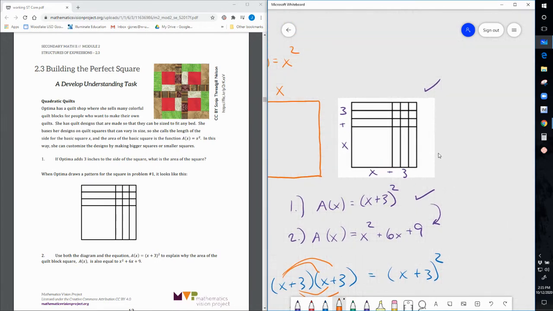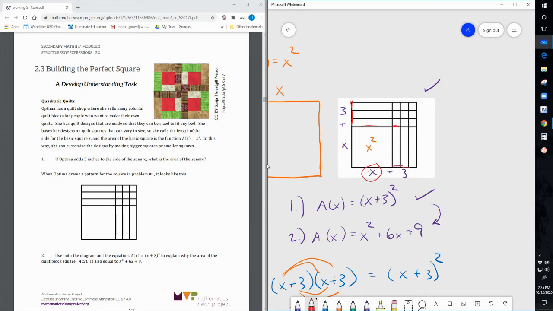Let's look at this area model once again. First of all, if you have an x by x, then you know that the area of the square is x squared. And if this side length is x, then this side is also x. If we added 3 to every side, that means that each one of these lengths is 3.